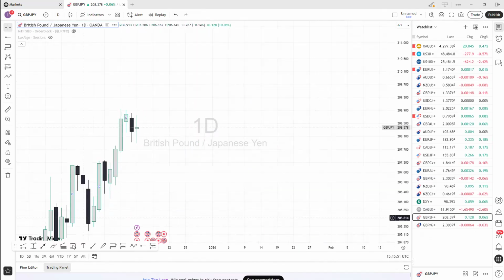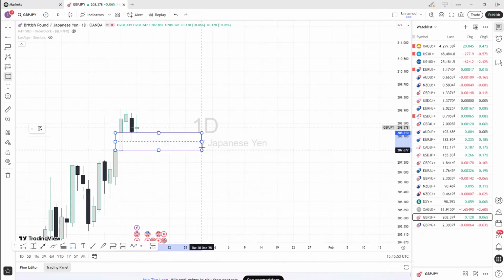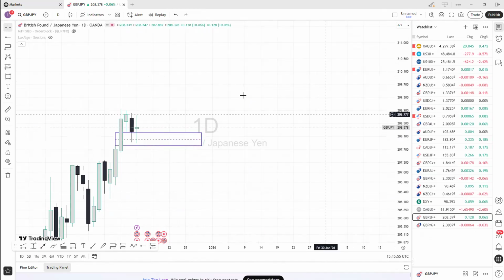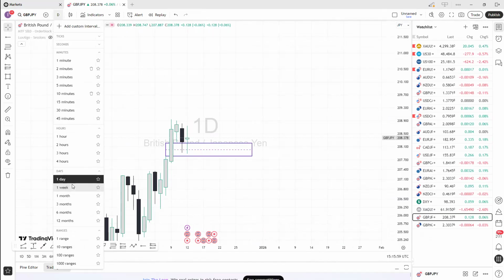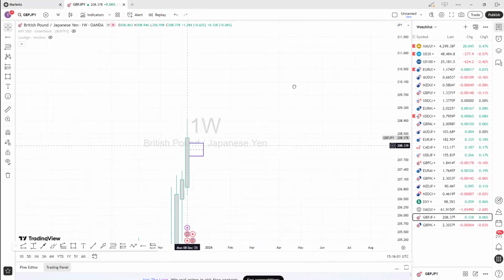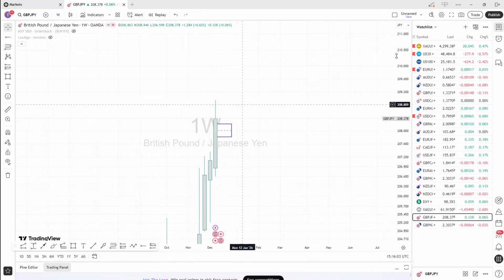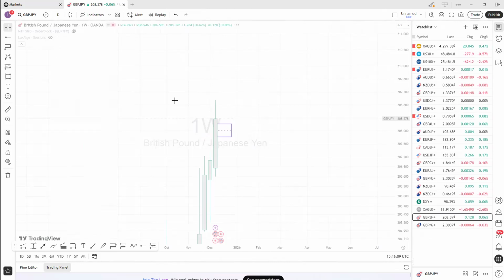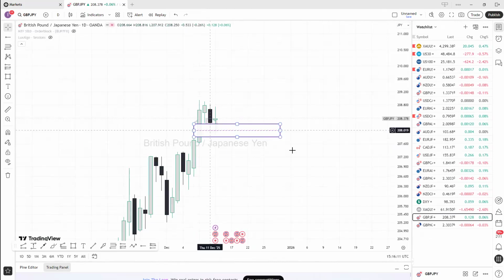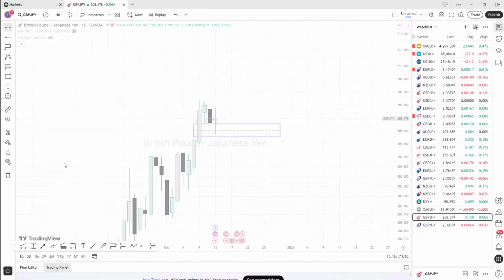You can see price rejected that particular FVG on the weekly time frame. On the weekly time frame, it is a strong bullish continuation, so I find buys. The weekly bias is bullish. On the daily time frame, we have a rejection from that imbalance, so I have to find buys.